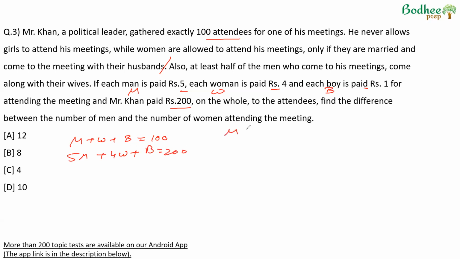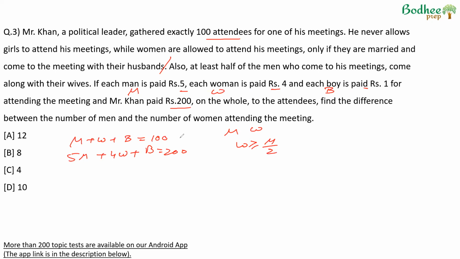Now M and W will be related in such a way that at least half the men bring their wives. So W has to be greater than or equal to M by 2. If 4 men are coming, at least 2 women will be there. So women could be 2, 3 or 4, at least half the men.